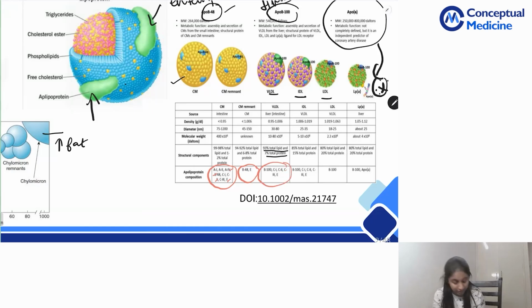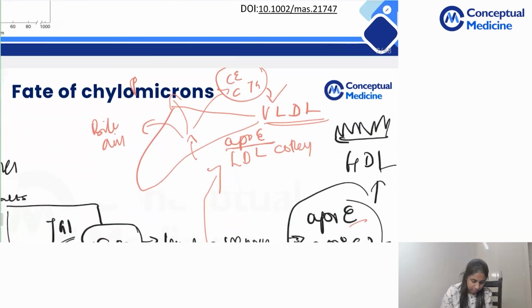The same thing will be there in IDL. But when it goes to the liver, it will lose all these particles, and LDL will have only B100. So this is the fate of VLDL, IDL, and LDL.